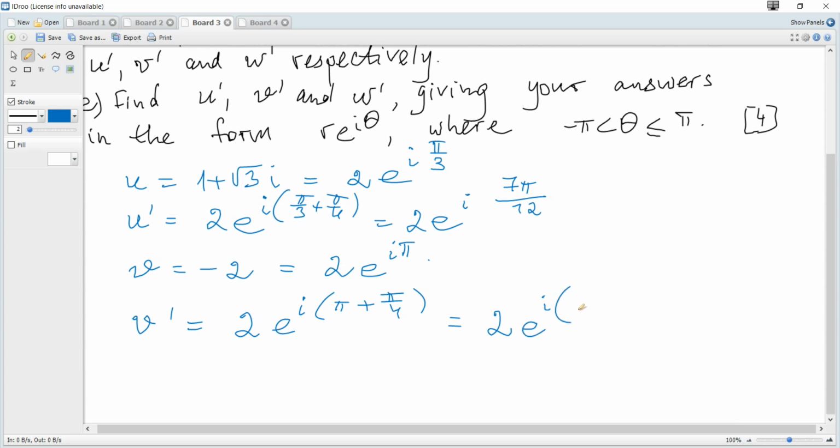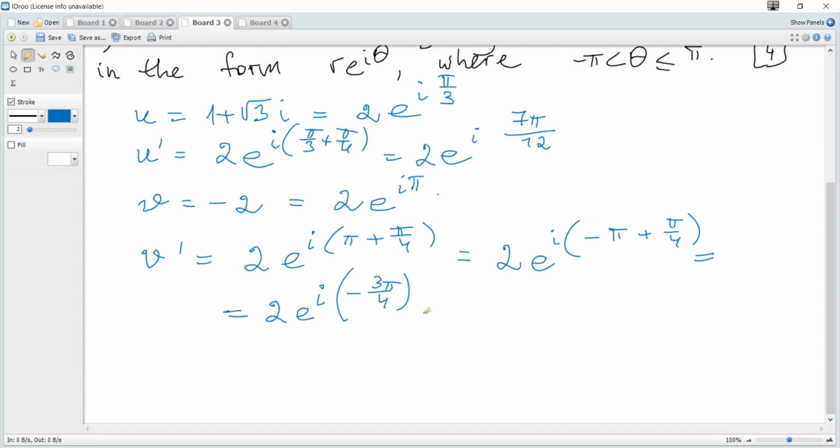It becomes pi minus 2 pi, so minus pi plus pi over 4, and pi is 4 over 4, so it's 2 times e to the power of negative 3 pi over 4, which is greater than negative pi and less than pi.